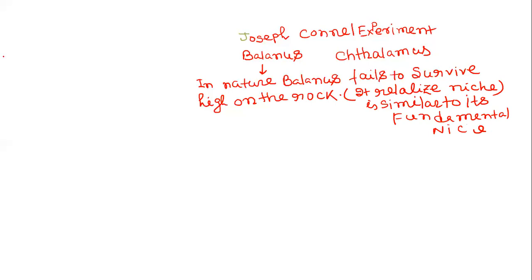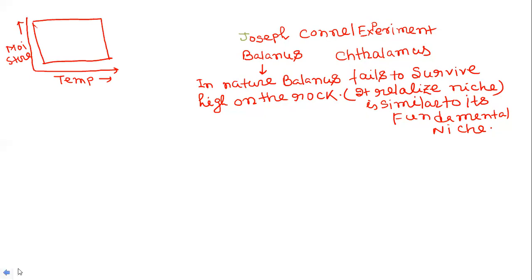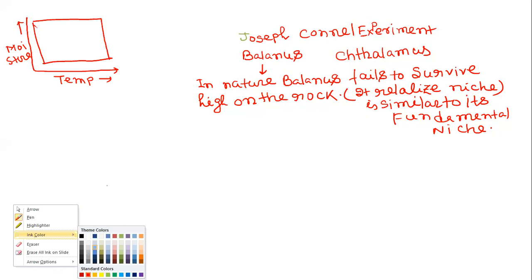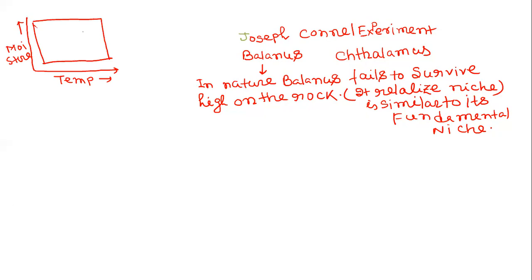Now we know that if we consider the fundamental niche versus the realized niche, suppose on the x-axis temperature versus moisture, the fundamental niche is larger than the realized niche. The red part is the fundamental niche, and this is the realized niche.